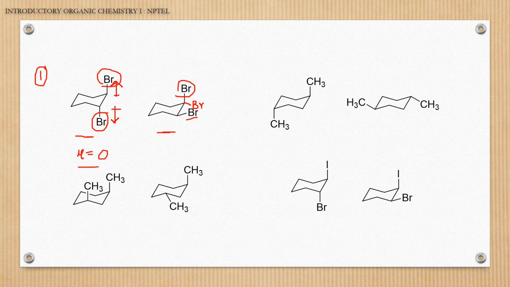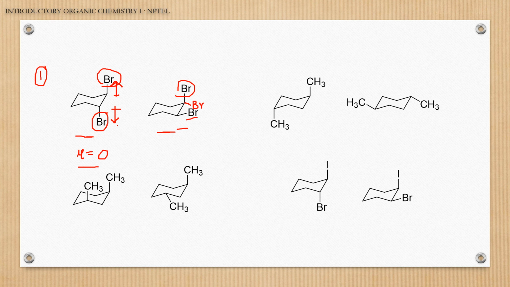So now the preference for the equatorial position of the Br is competing with this dipole moment. Here, one of the Br in the cis is coming at the equatorial, which is governing the stability consequences. But you also need to know that both the Br have the same electronegativity, same dipole moment, same polarization, and they cancel each other.